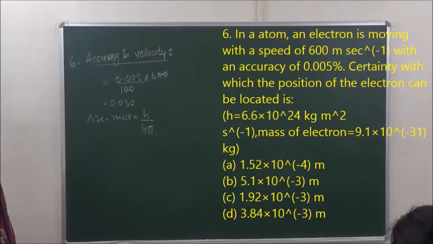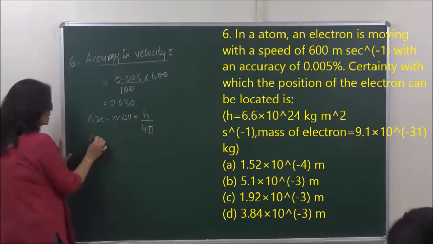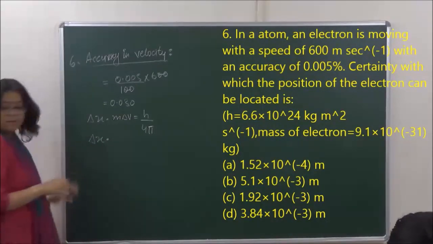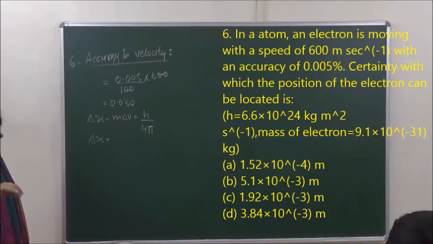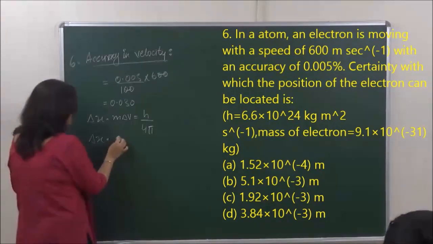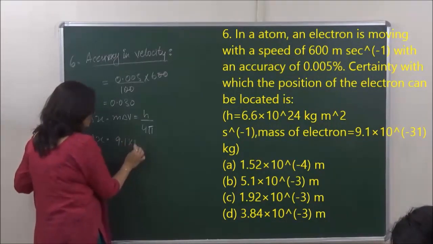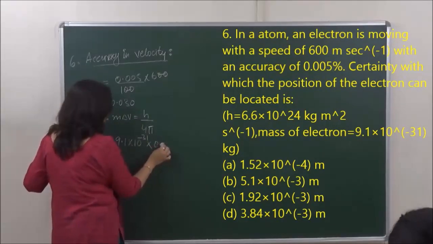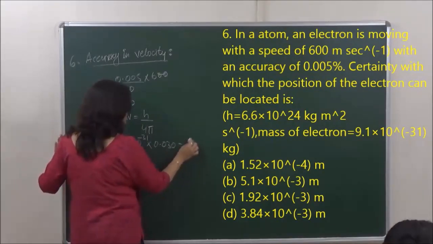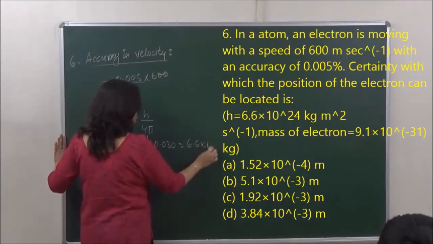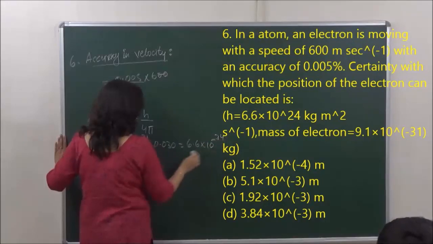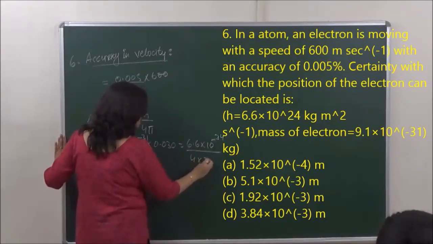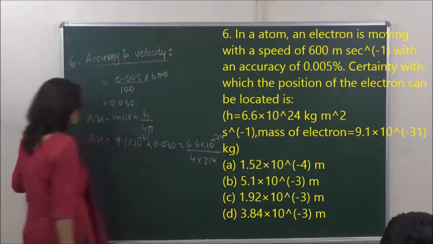Delta x we have to calculate. M is given to us in the question as 9.1 into 10 raised to power minus 31 into delta v, that is 0.030, is equal to 6.6 into 10 raised to power minus 34 upon 4 into 3.14.